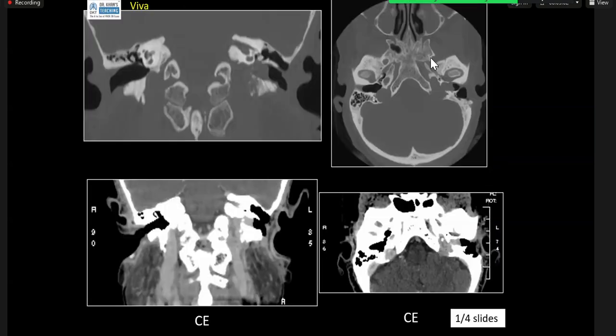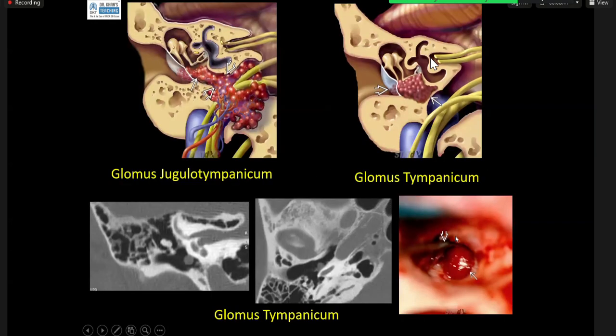Here, if you see this case, it tells you that there is a soft tissue tumor extending into the middle ear cavity, non-specific. When you give contrast, you can see everything is enhancing. So these are extremely enhancing tumors.